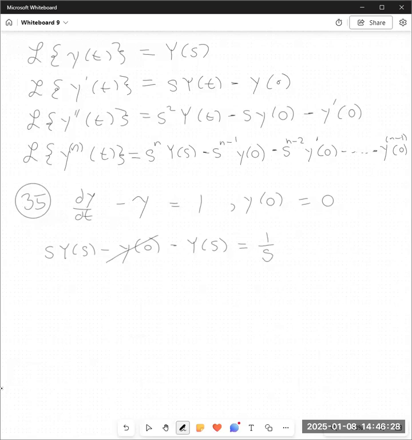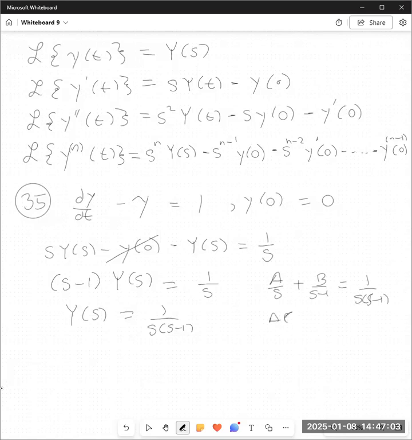I'm going to factor a Y of s out and make this s minus 1. Capital Y of s is equal to 1 over s. So Y of s is equal to 1 over s times s minus 1. I'm going to use partial fraction decomposition for this. So A over s plus B over s minus 1 equals 1 over s times s minus 1.